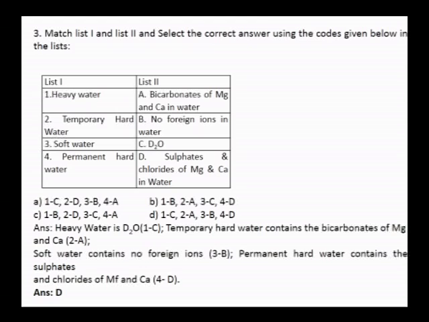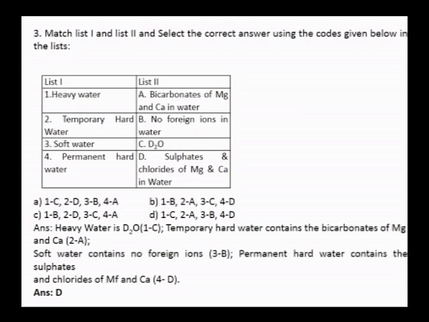In question number 3, we have to match the items in list 1 with list 2. Heavy water is also called deuterium oxide, and hence heavy water matches with C in list 2.